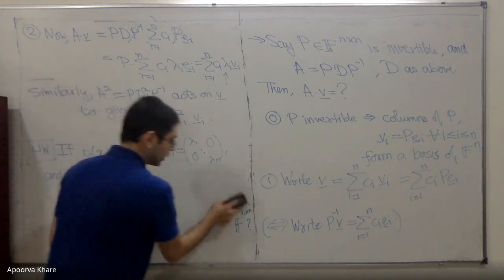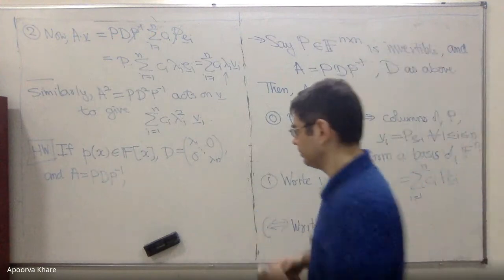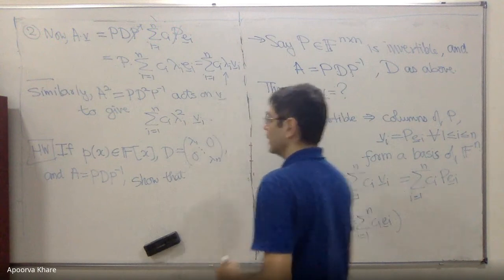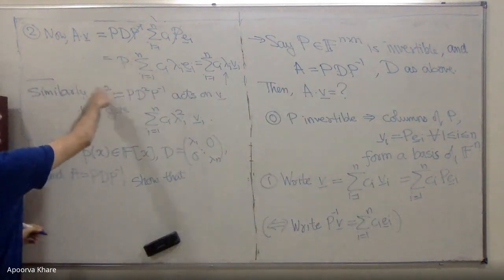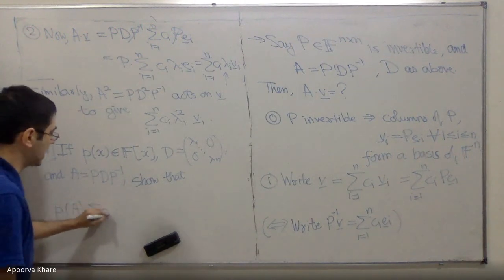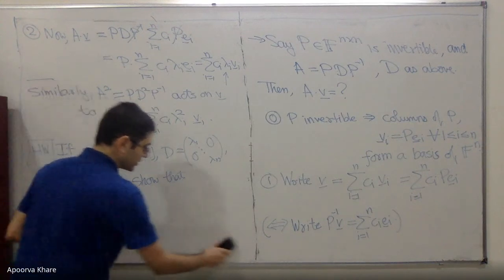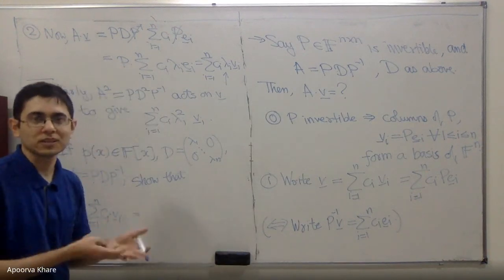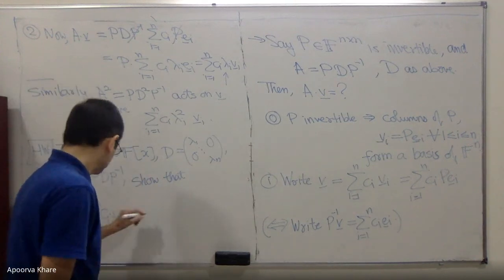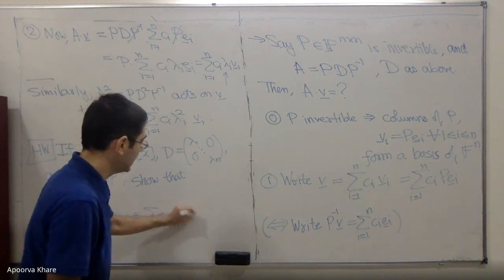Then show that p of A. So instead of saying A times the summation Ci Vi or A squared times that, let's do p of A times the summation Ci Vi. I mean, show that is really almost trivial. You have to sort of just say by induction and linearity or something. And then this is obvious: the sum of Ci p of lambda i Vi.